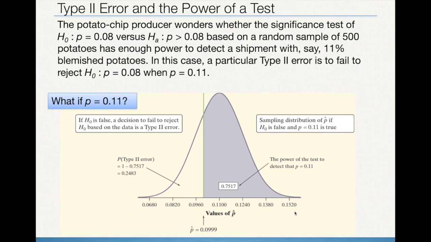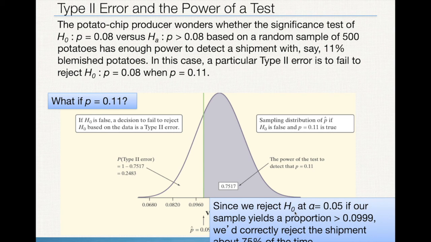However, this is the test statistic that would reject the null hypothesis, which means that the area above it in this distribution is going to give us the power of the test to detect that p is equal to 0.11. So another way of saying it is, since we reject the null at alpha equal to 0.05 if our sample yield produces a proportion which is our given test statistic, we'd correctly reject the shipment about 75% of the time.